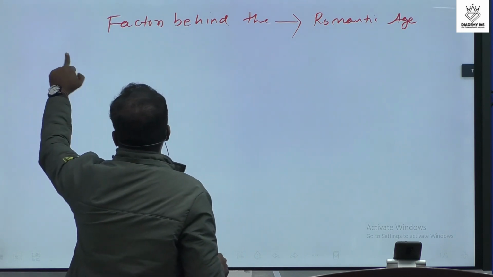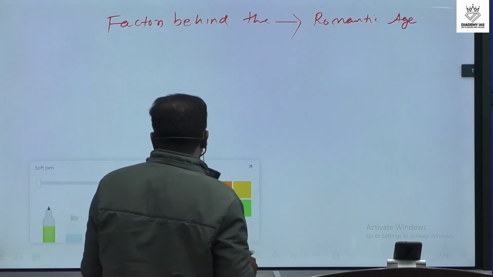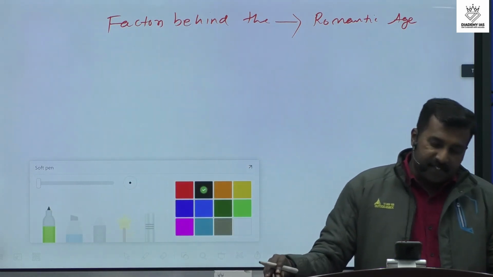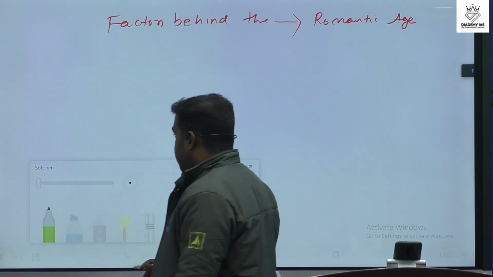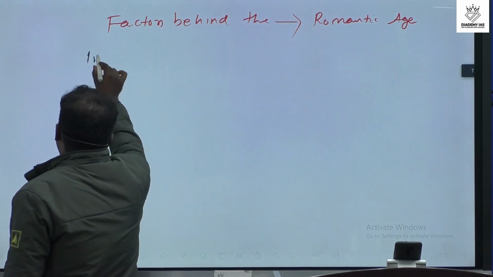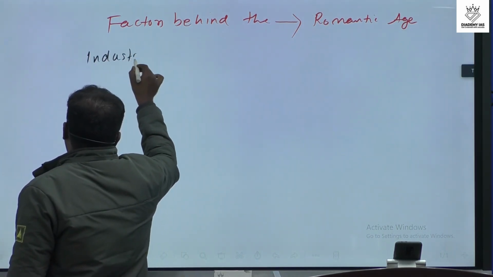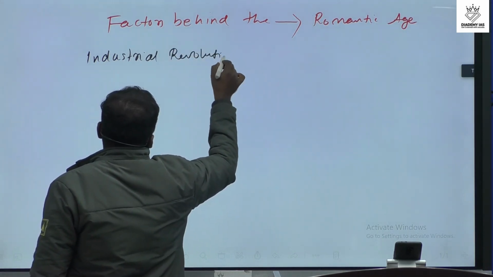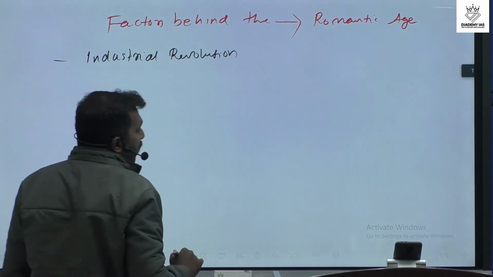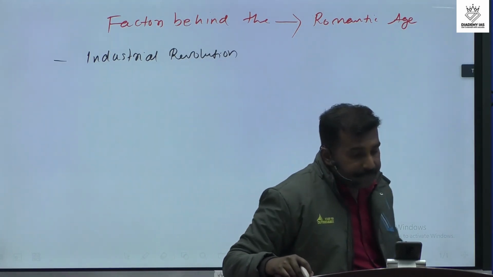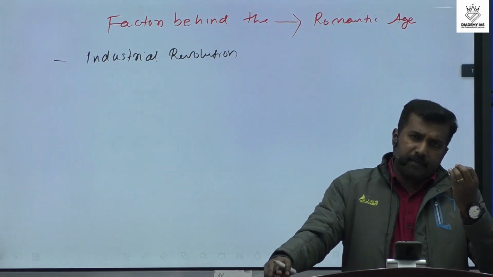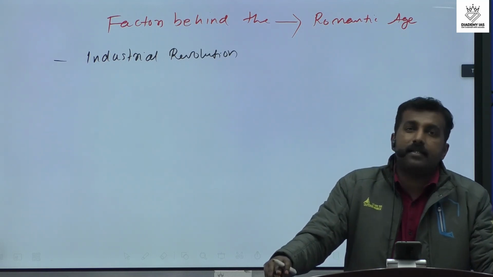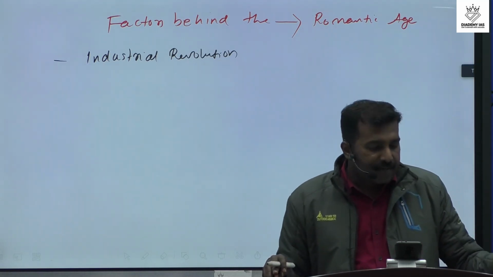Here we can discuss what the factors are. The first factor is industrialization or the Industrial Revolution. The Industrial Revolution during that time was an important factor behind the formation of the Romantic movement.